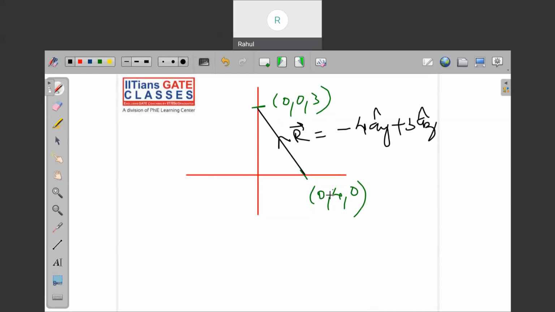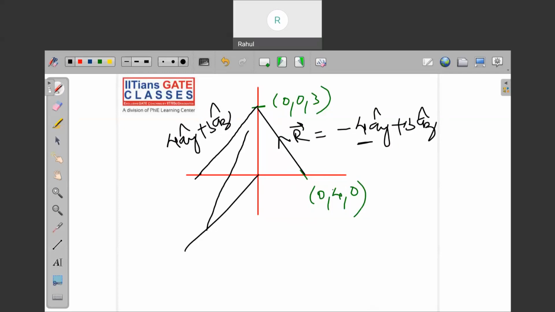And if I compute for the other charge, you will get again 4ay cap plus 3az cap. So you will always get positive 3az cap, but this is positive, this is negative. Once you add these, this gets cancelled, so you will get the resultant as 2 times that. And because of x also, you will get the same.